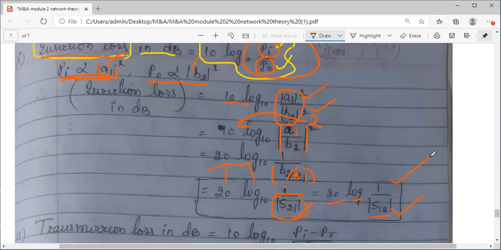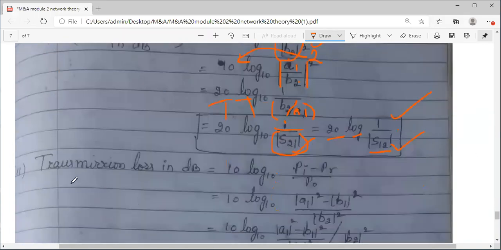Coming to the second type, that is transmission loss. How do you define transmission loss? Transmission loss is defined by this equation: 10 log to the base 10 of Pi minus Pr, that is, whatever is left after reflection, that difference divided by Po. Whatever is transmitted divided by the output power, that is transmission loss.